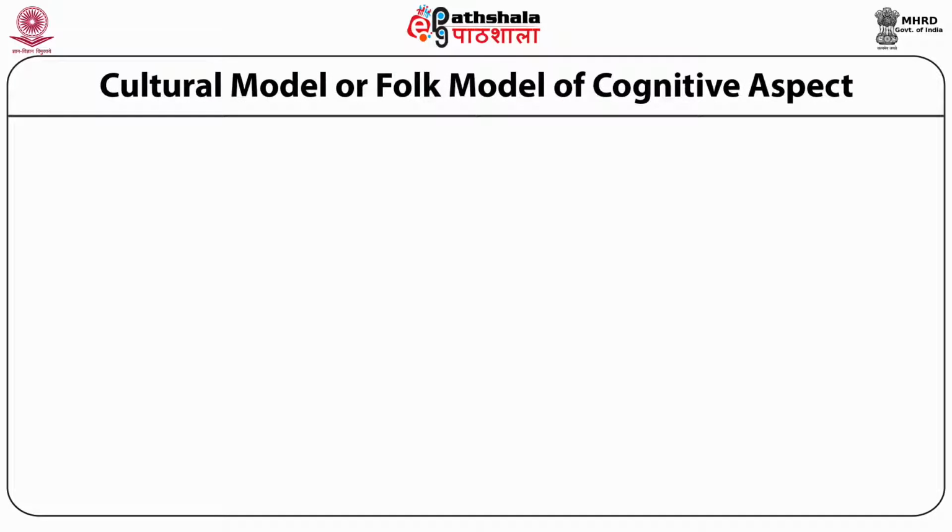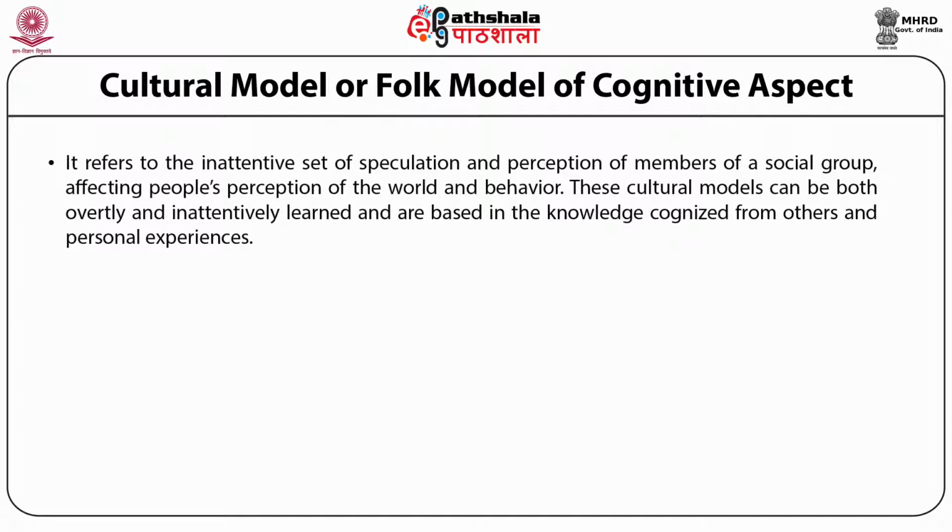With this, we can also come to a model, what we call a cultural model or a folk model, of cognitive aspects. This refers to the inattentive set of speculation and perception of the members of a social group, that is, how people perceive the entire world and their behavior.